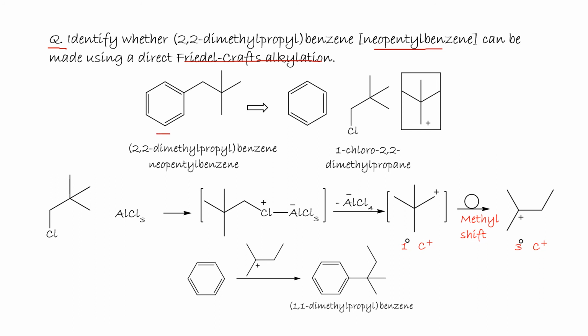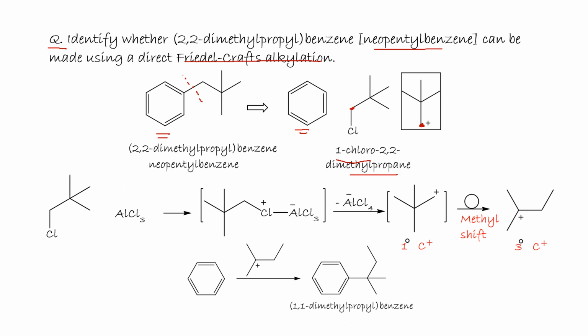According to the disconnection approach, we take this compound that comes from, you cut here, so it's benzene and 1-chloro-2,2-dimethylpropane, and this is the carbocation we need that comes from this when it reacts with aluminum chloride.